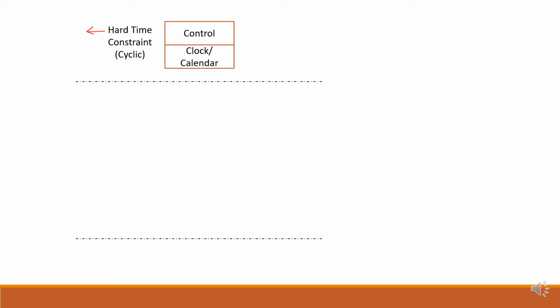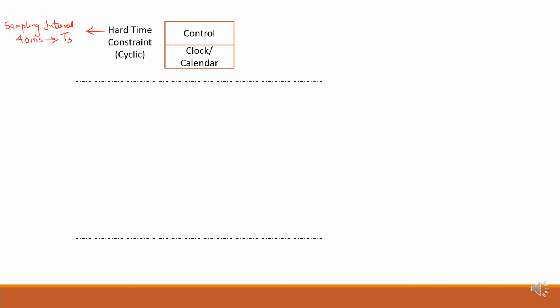The control module is a hard time constraint module because it is used to set a sampling interval. It has various control algorithms. Suppose we set a sampling interval TS of 40 milliseconds, the system has to produce its output within these 40 milliseconds.